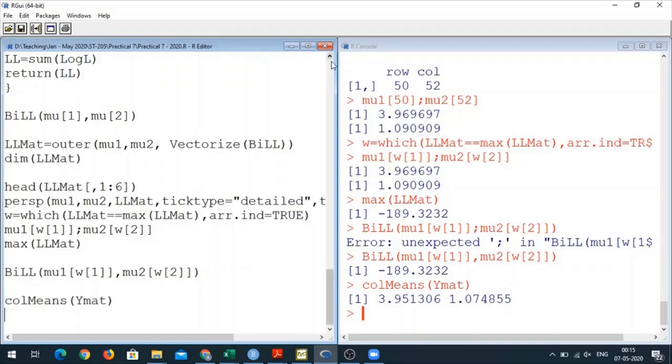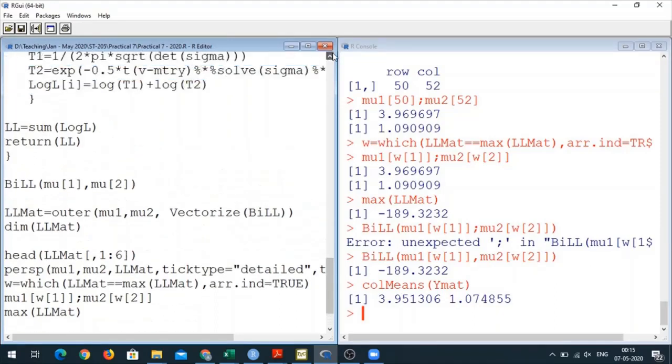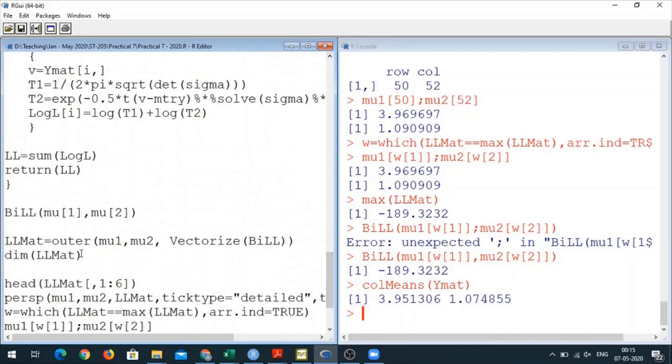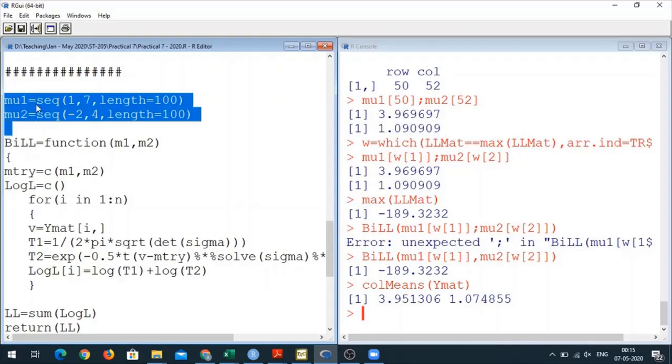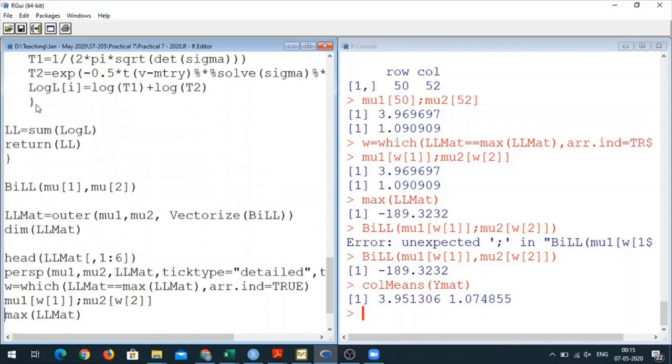If we increase the partition size, we will get even closer. Another way is, we have quite a wide range for mu1 and mu2. Now that we know that the values are near 3.96 and 1.09, we can maybe consider a smaller range. That can also give me a more accurate estimate.